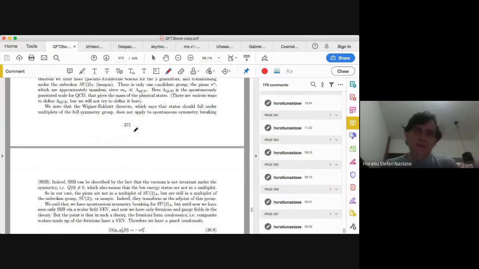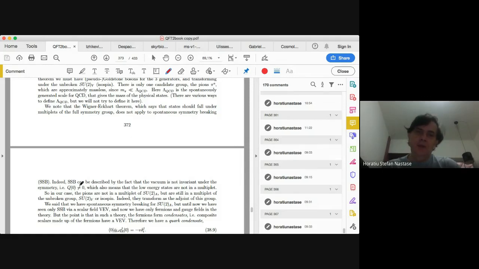Then we note that there's the Wigner-Eckhart theorem, which says that in generic quantum mechanics, not just quantum field theory, states should fall under multiplets of the full symmetry group. However, it does not apply to spontaneous symmetry breaking.